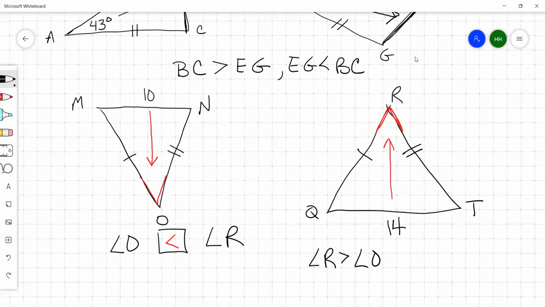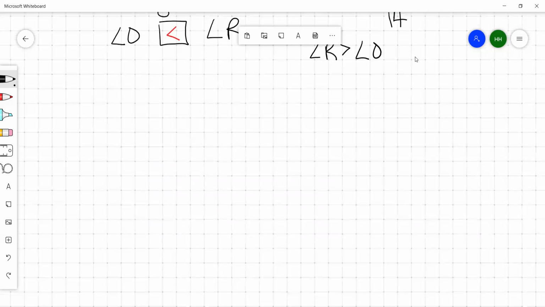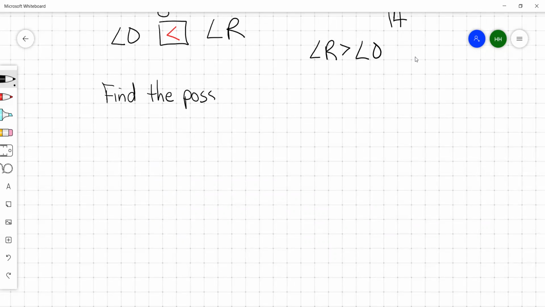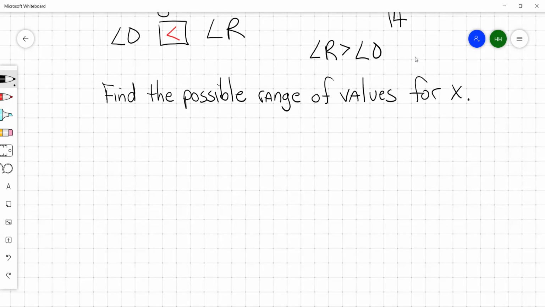In the second part of your assignment today, you are going to be asked to find the possible range of values for x.